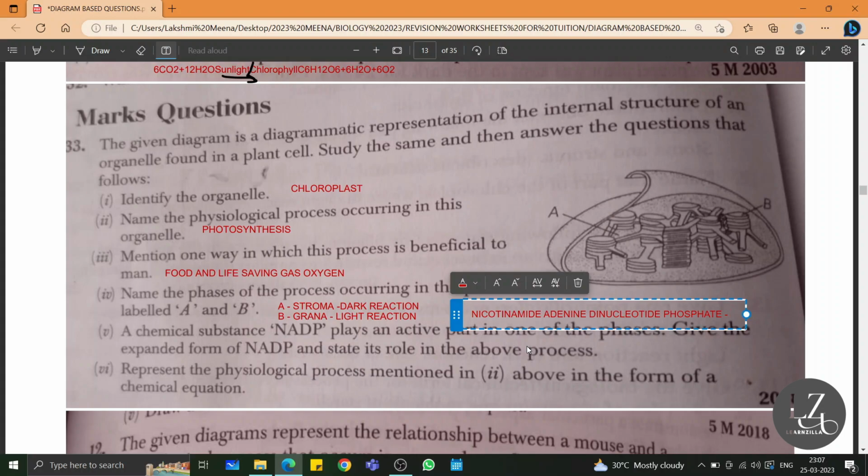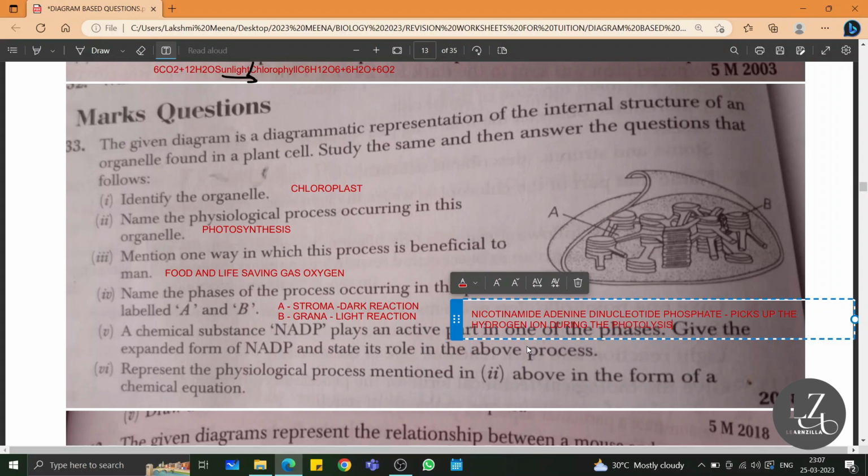The NADP picks up the hydrogen ion during the photolysis of water, and this is in the light reaction. Okay.